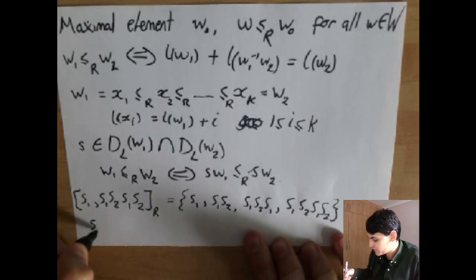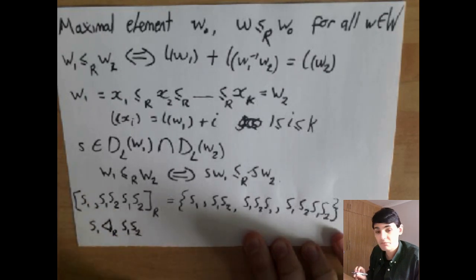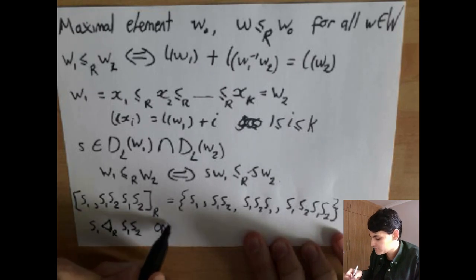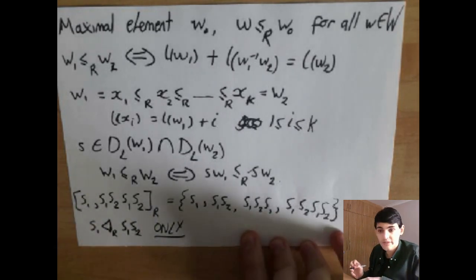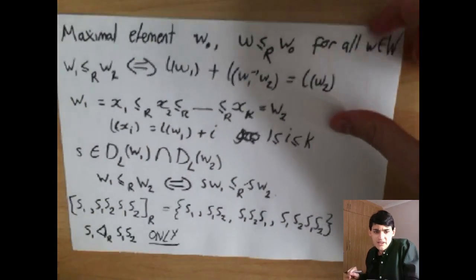And then we've also got the covering, that S1 is only covered by S1 S2. All right, so that's the properties of the weak order out of the way.